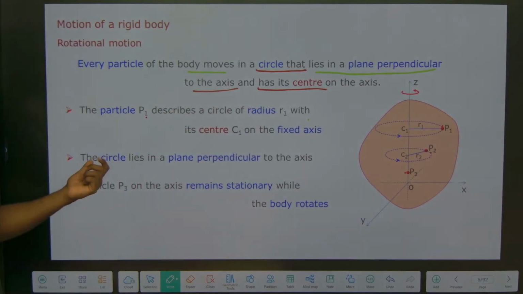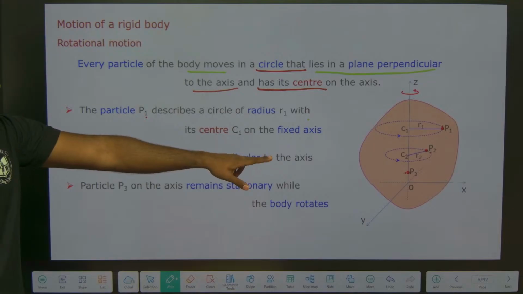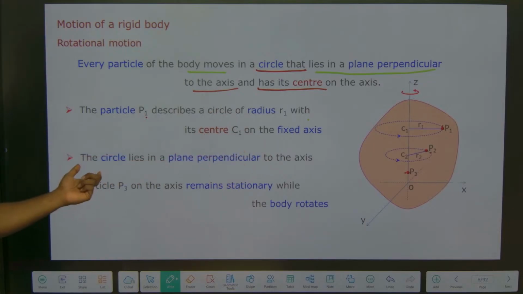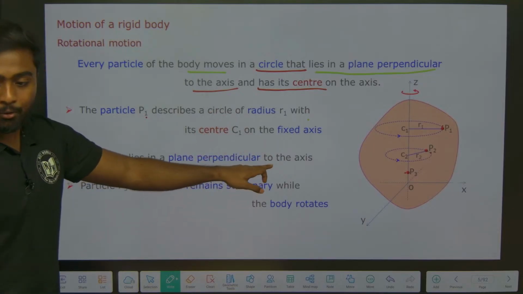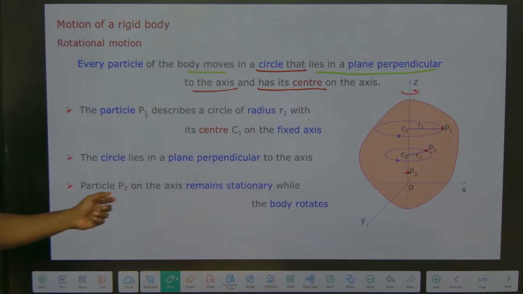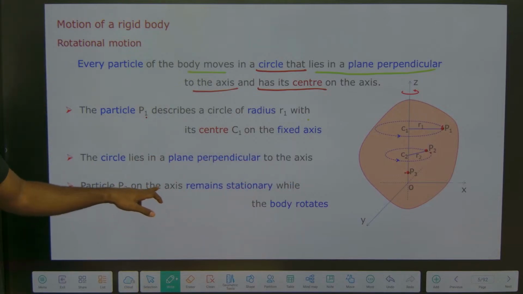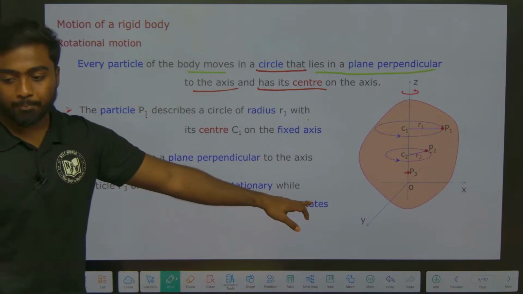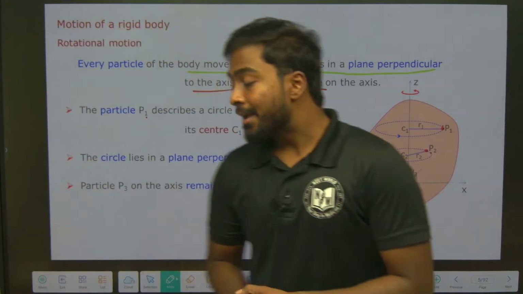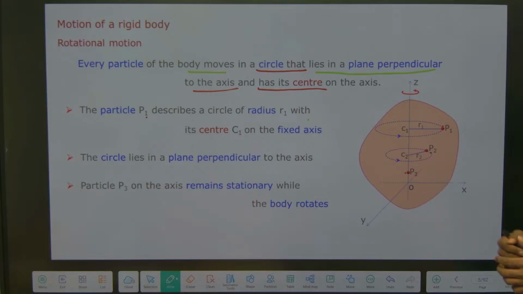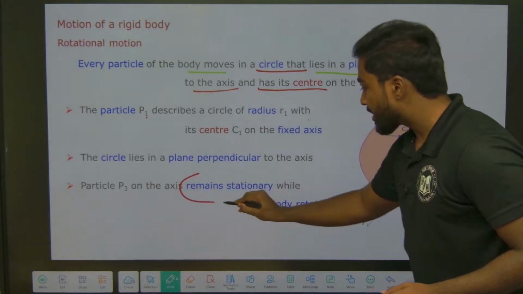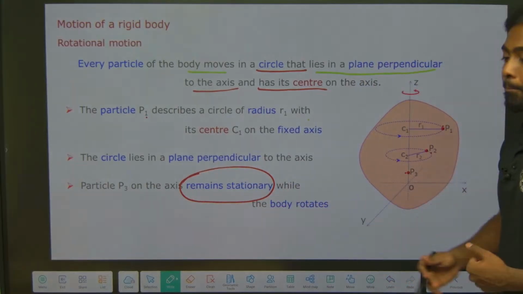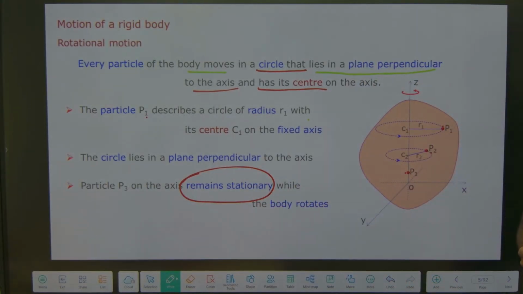Particle 2 also will have R2 as a radius. The circle lies in a plane perpendicular to the axis. Particle 3 on the axis remains stationary. Why does it remain stationary? It is on the axis. When a particle lies on the axis, it remains stationary while the body is rotating.